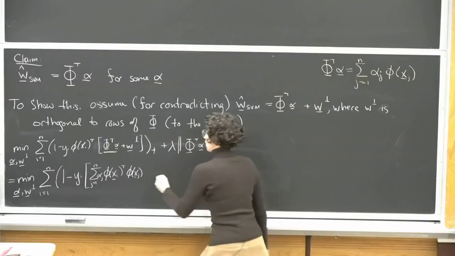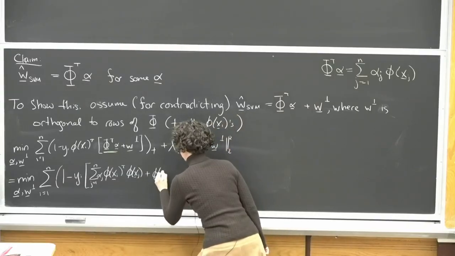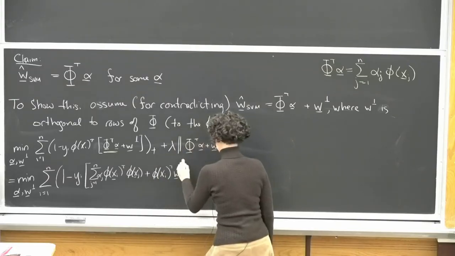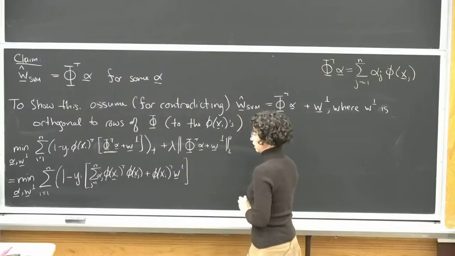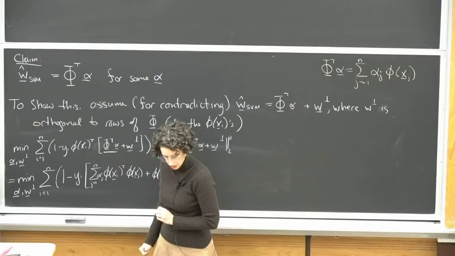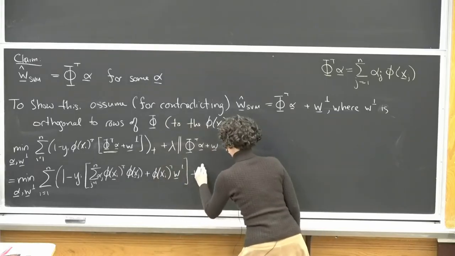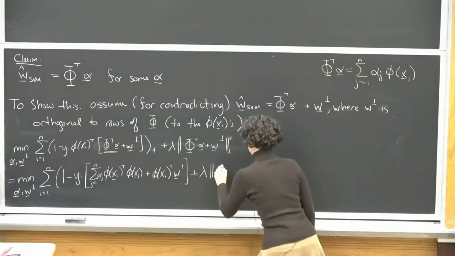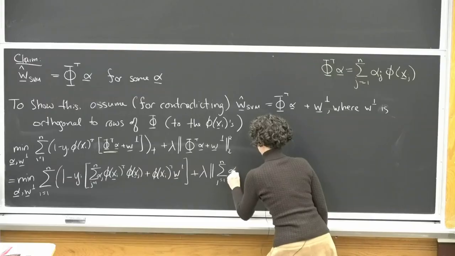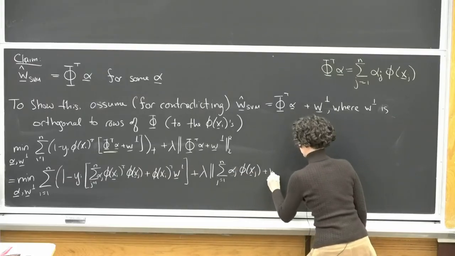And then I'm going to add to that w perp, so I'm going to have phi of x_i transpose w perp. So I've just expanded this out using what the matrix phi transpose alpha means. And then I'm going to have plus lambda. And again, I'm going to have the sum from j equals 1 to n of alpha_j phi of x_j plus w perp.